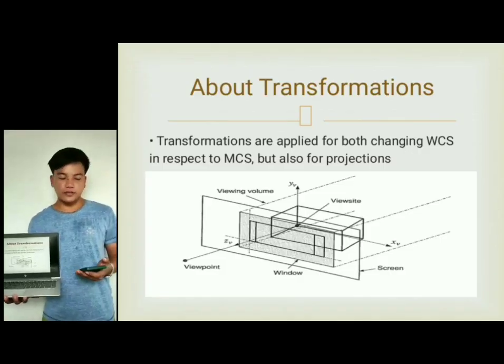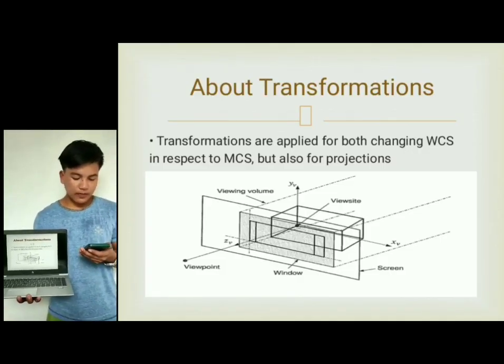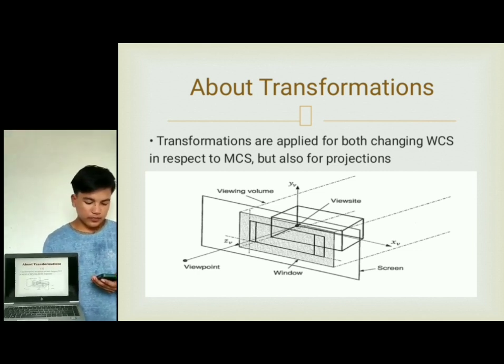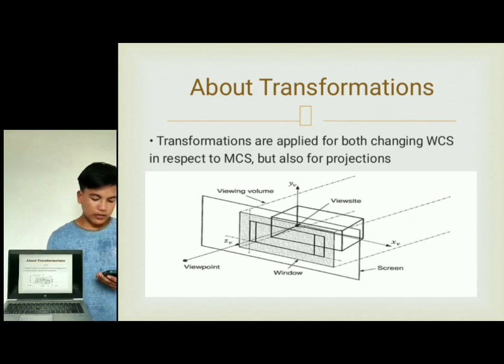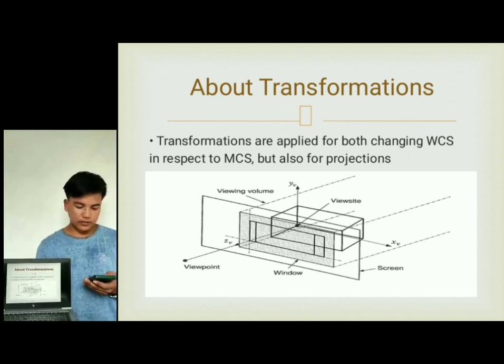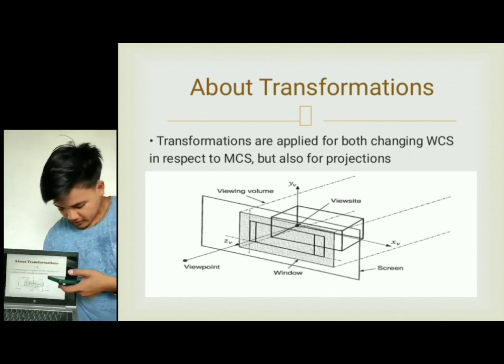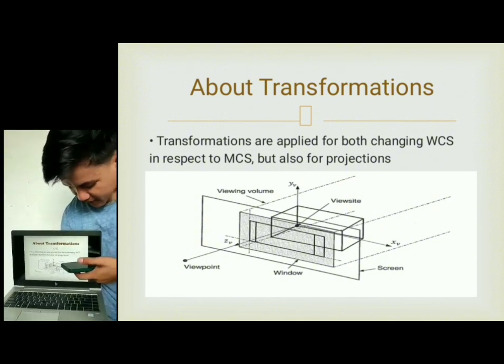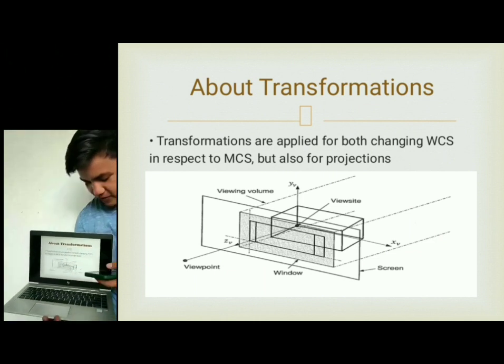Transformations are applied both for changing the coordinate system with respect to the model coordinate system and for projection. You can see in the projection the x, y, and z axes for a three-dimensional figure.